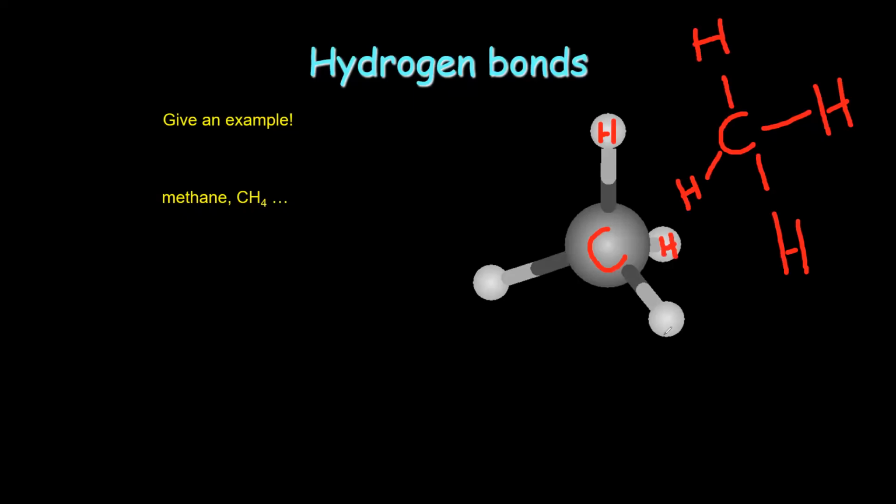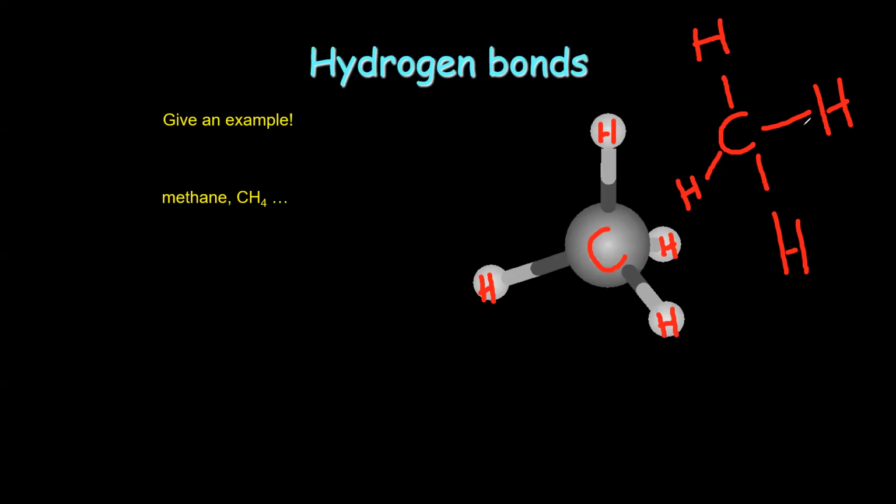So the rule says that it's not just when you have hydrogen atom in the molecule that hydrogen bond will occur. There must be a neighboring molecule. The hydrogen bond will only be formed between hydrogen and an electronegative atom in the neighboring molecule. And this electronegative atom must have lone pair of electrons. In methane, is there an electronegative atom there?